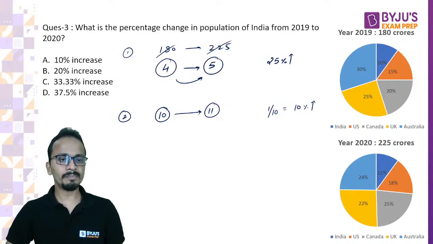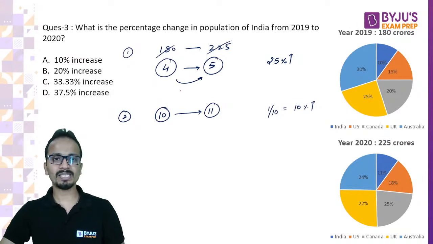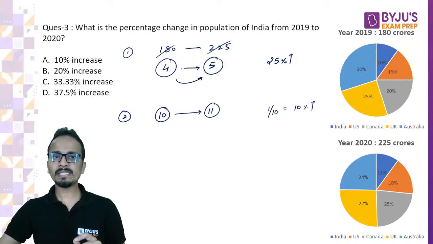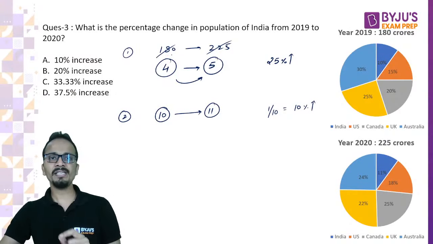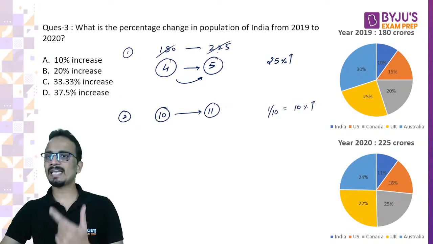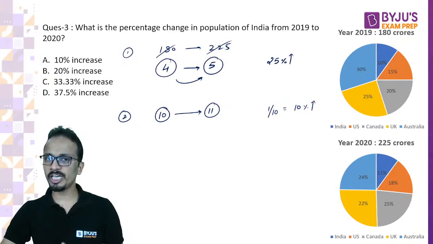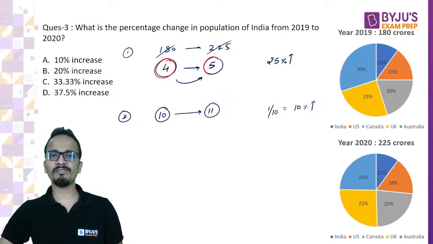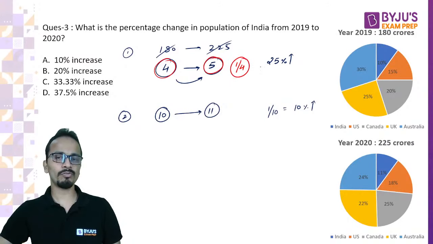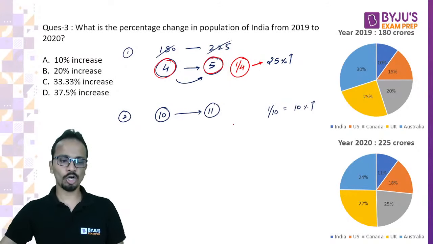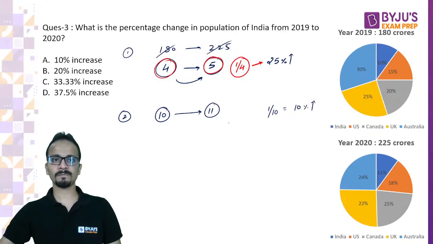Okay, I'll repeat both these points once again. For the base, initially it was 180, finally it was 225. I'll calculate what is the percentage change in the base. So after reducing, I've got 4 and 5 as the initial and final values. So there was a change of 1 over the initial value of 4, giving me a change of 25 percentage.